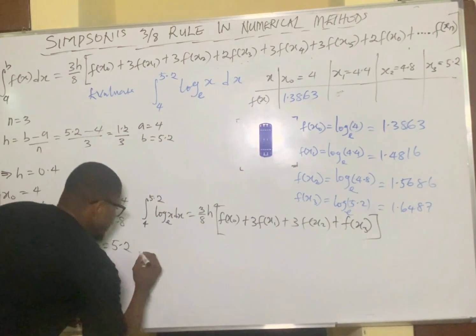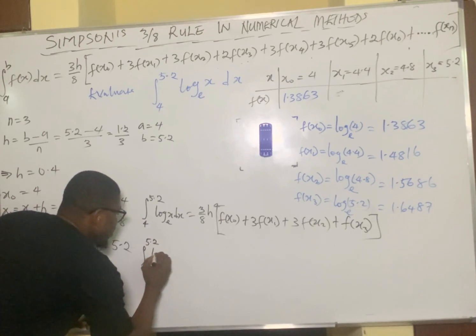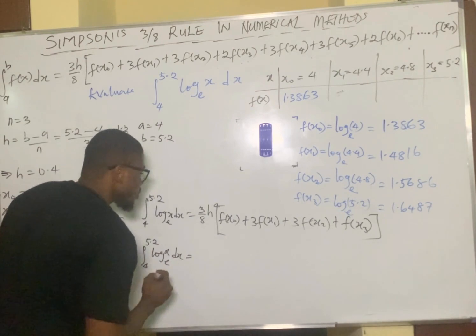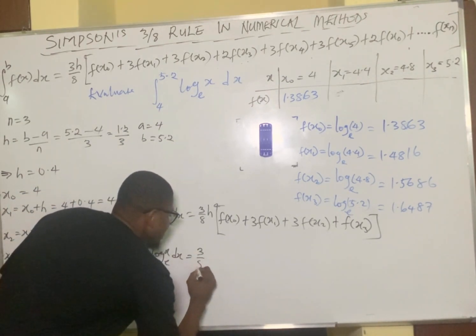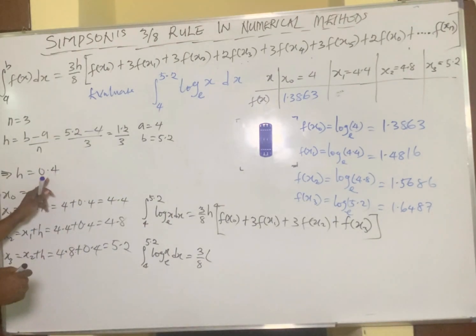You're going to have the integral from 4 to 5.2 of log x to base e dx equal to 3 over 8 multiplied by my interval h. We had the value as 0.4.